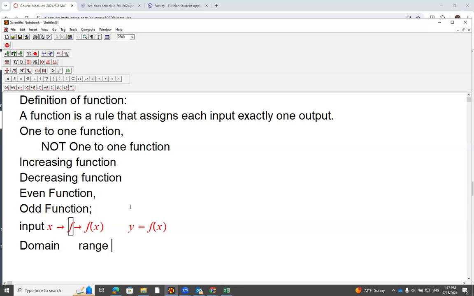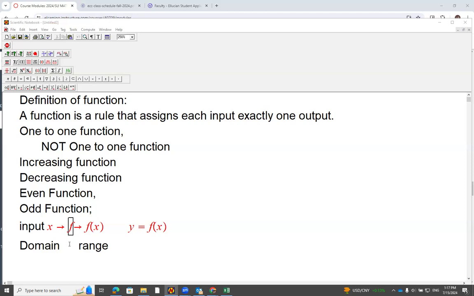These functions are very, very important, and you get to use them all in your future calculus classes and more.